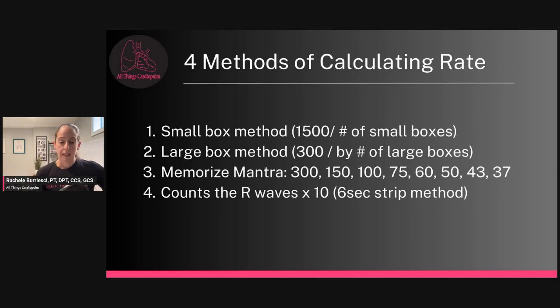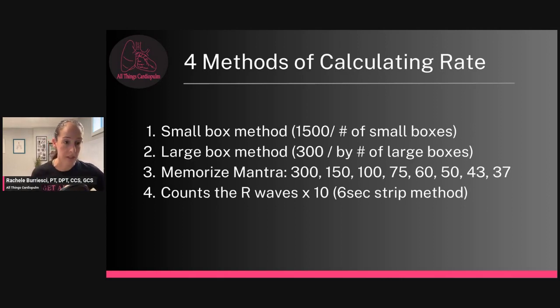Number 3 is the most quick and dirty, and some people call it a large box method as well, but I like to call it the mantra method. And so with number 3, you have to memorize a mantra. Okay? That is 300, 150, 100, 75, 60, 50, 43, 37.